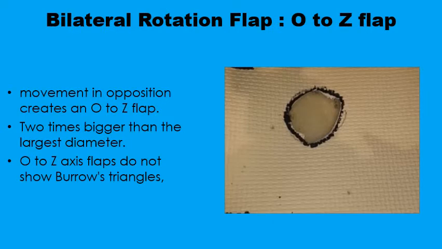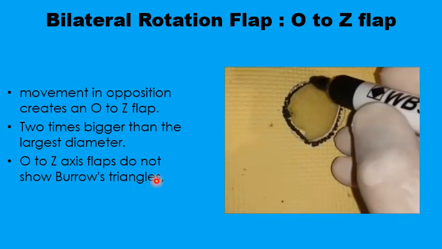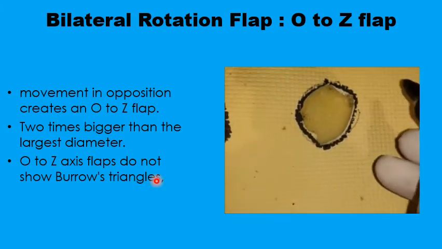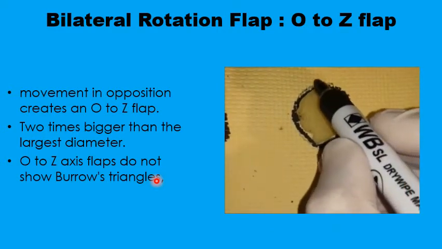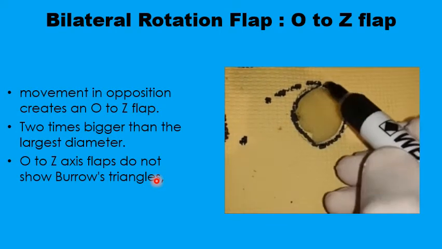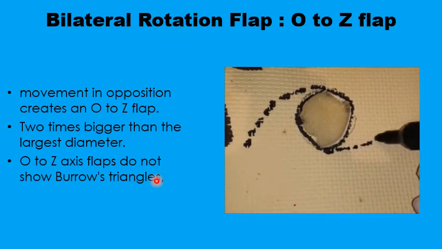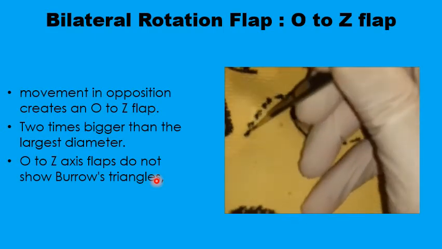In the case of bilateral rotation flaps, recruited from either side of the defect but going in opposite directions, you will end up with an O to Z type of reconstruction. So you draw the two flaps in opposite directions on both sides, and because you are using two flaps rather than one, you can have the curvilinear line extending about 2.5 to 3 times the diameter of the defect.